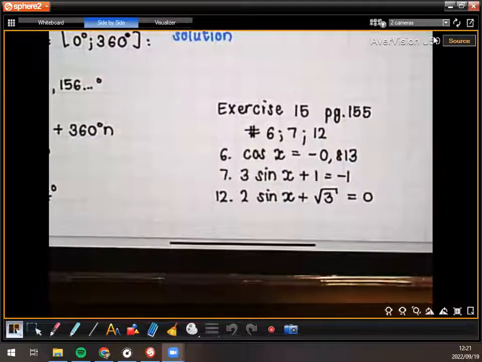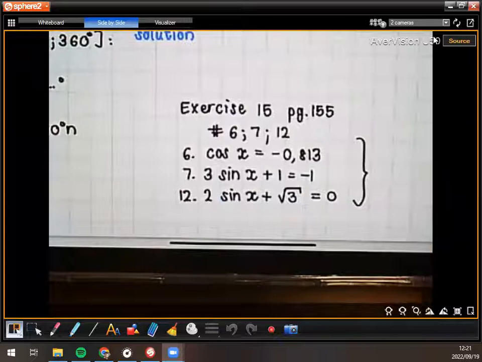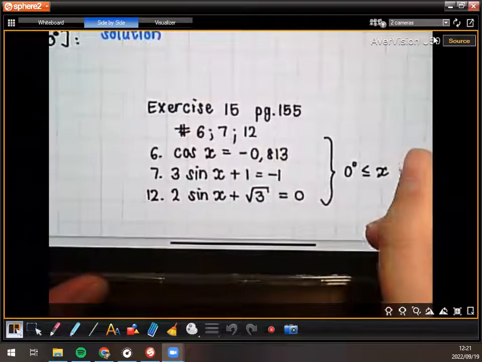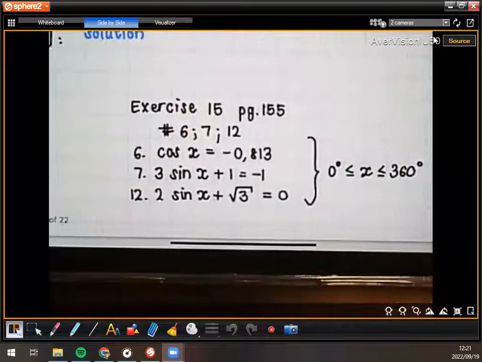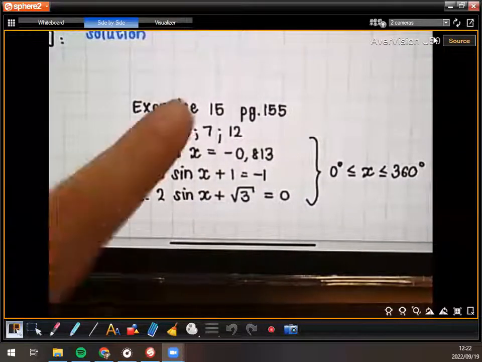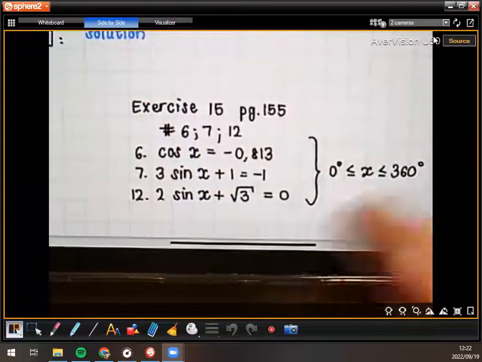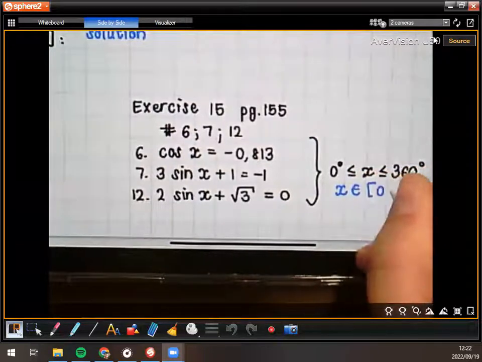Now guys, for all of these, they're saying you must solve for x where this is happening. What does that mean? We're going again from 0 to 360. So it's like the one that we just did, guys. This is a different way of saying x is an element of 0 to 360.